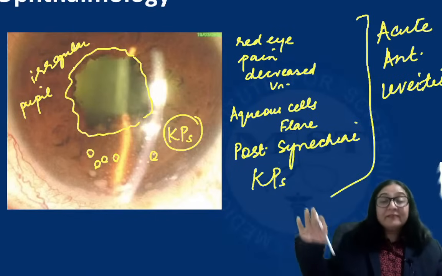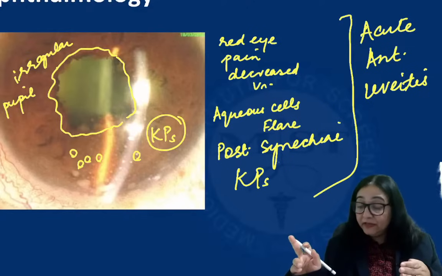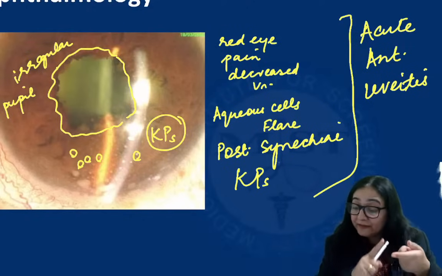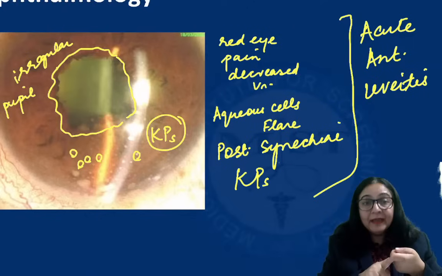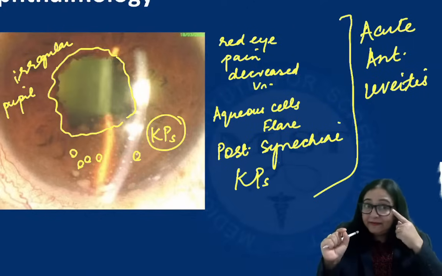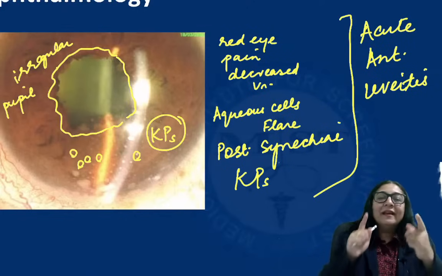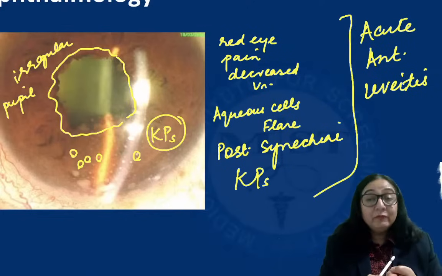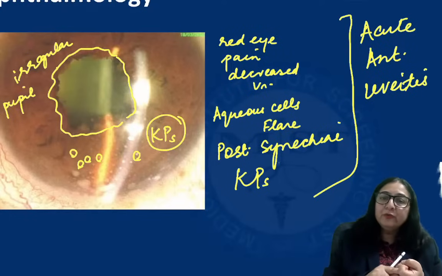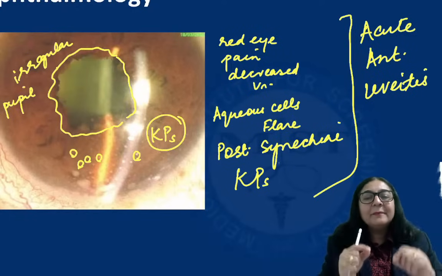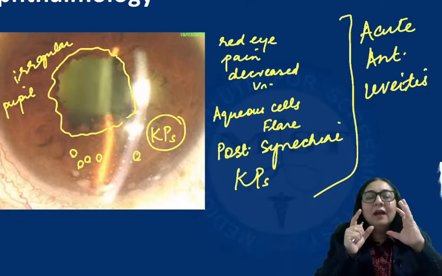Okay, all this is fitting into acute anterior uveitis. So if you see, yeah, this is absolutely right, Dr. Chaudhary. This is like a festooned pupil. These are big KPs. So you can call them as mutton fat KPs. Very nice. So painful decreased vision, red eye due to circumcorneal congestion, aqueous cells, flare, KPs, posterior synechiae, feature of acute anterior uveitis.